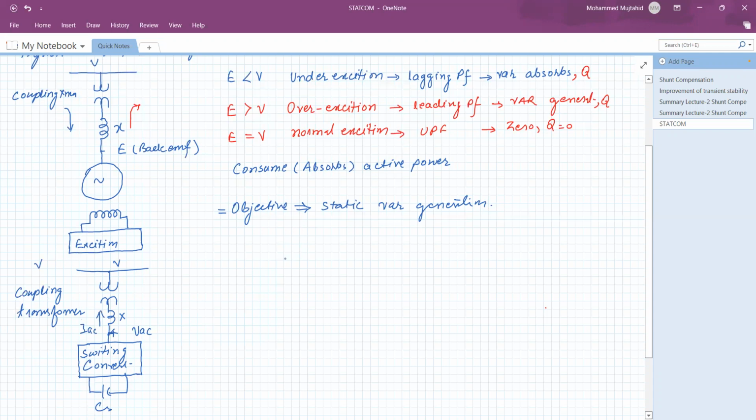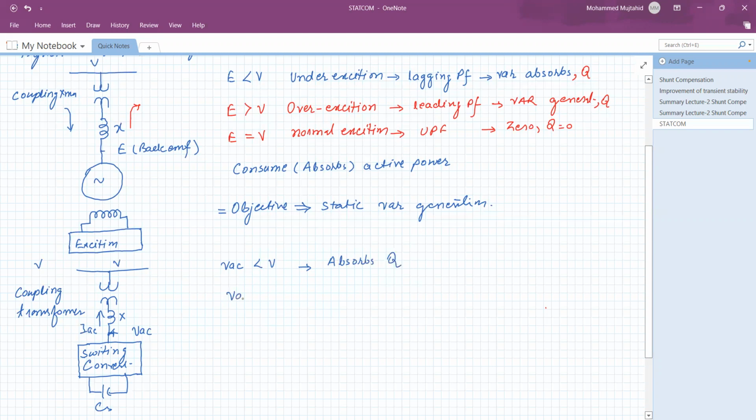So what would be the operation? In the same way we can understand: VAC is the converter voltage. If it is smaller than V, the current is going to flow toward the converter and it will absorb reactive power.